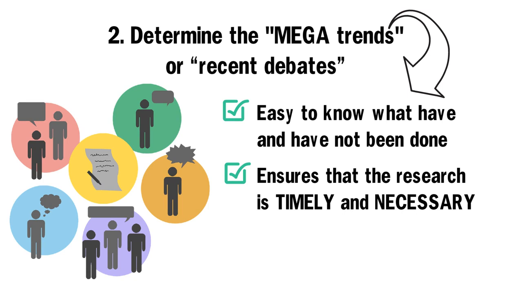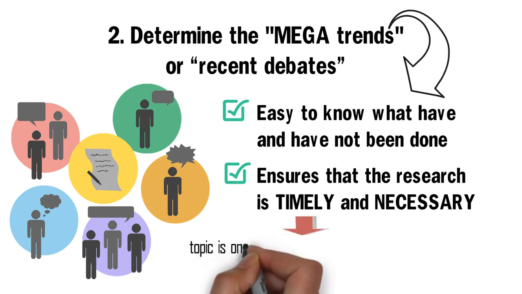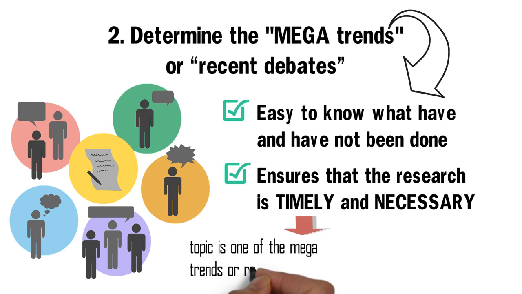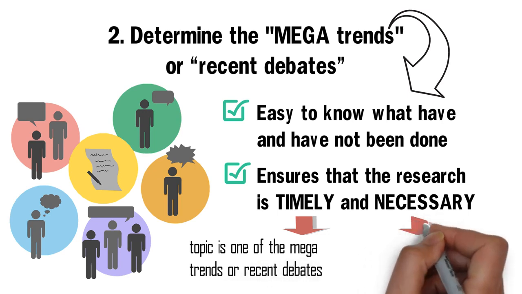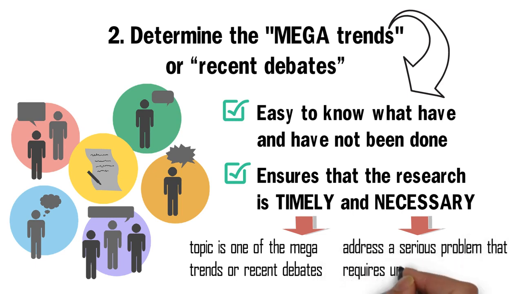We do research because there is a problem that needs to be addressed. Hence, a particular research is timely if the topic is one of the mega trends or recent debates in the field of specialization, and it is necessary if it attempts to address a serious problem that requires urgent consideration.